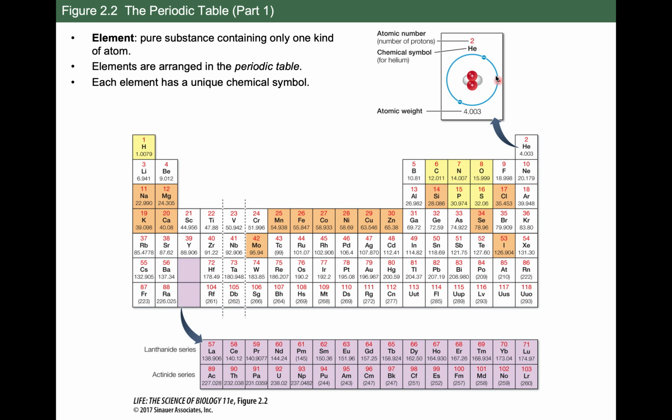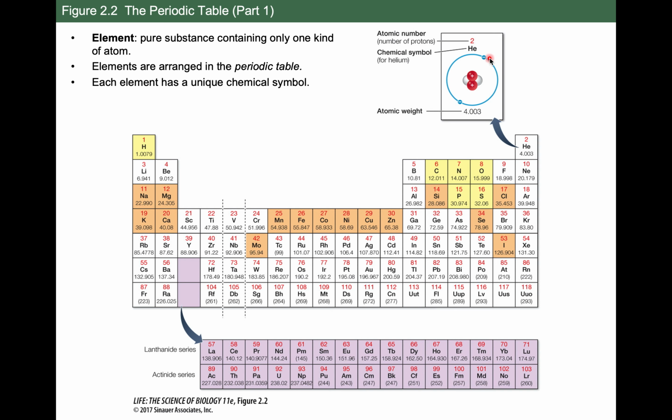So an atom of helium is always going to have 2 protons in the atomic nucleus. Carbon, for example, its atomic number is 6, so it's always going to have 6 protons in the atomic nucleus. Every atom of every element is going to be different from every other.